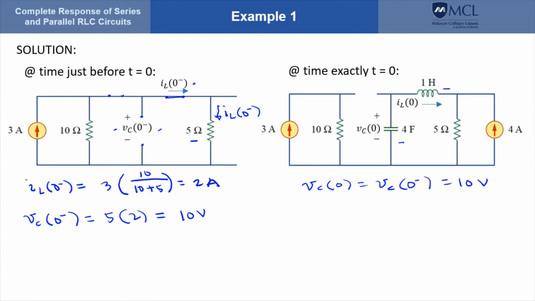Likewise, for the inductor, the current at exactly t equals 0 must be equal to the current just before t equals 0, because the current in the inductor cannot change abruptly. So therefore, that must be 2 amperes going to the 5 ohms, or going to the right.